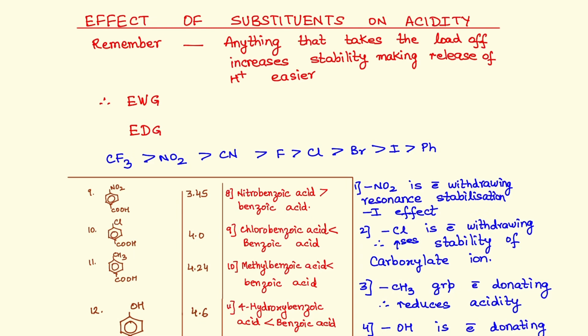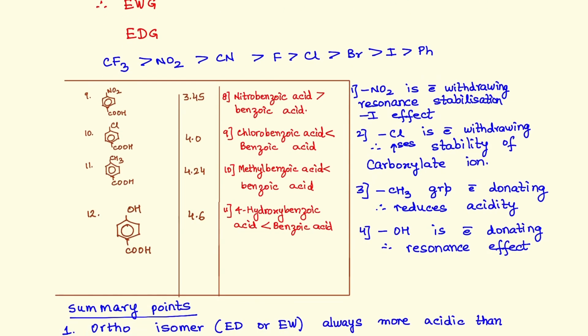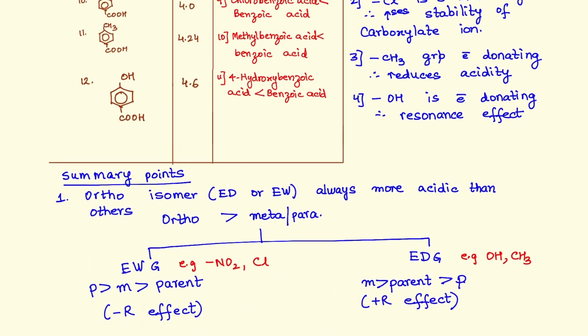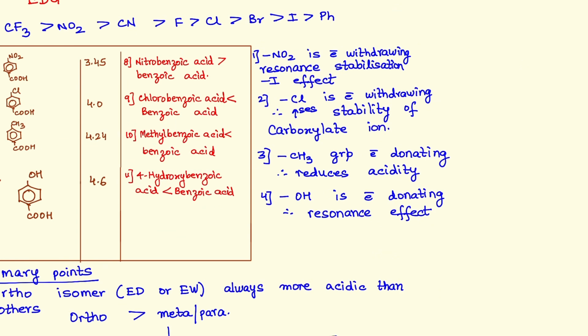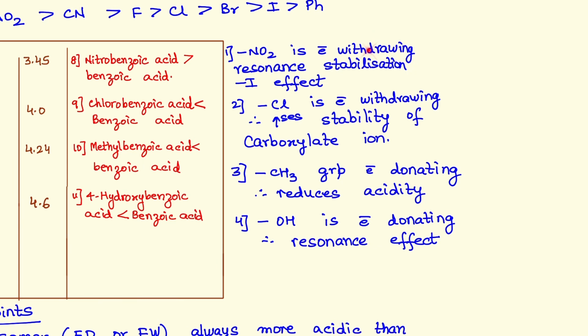So, I have given you the generalizations here. Anything that takes the load off increases stability, making release of the proton easier. So, we compare, yes, it's the same chart. And here we have the explanation. The NO2 group is electron withdrawing, with resonance stabilization due to the minus I effect.